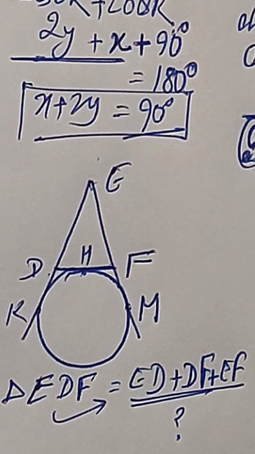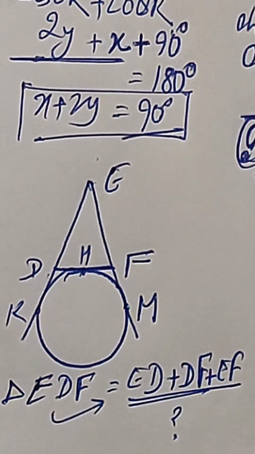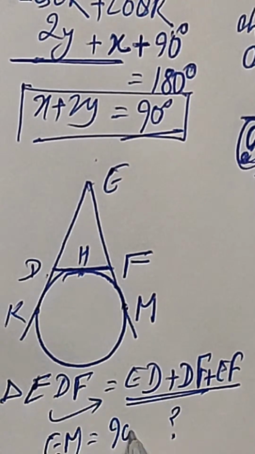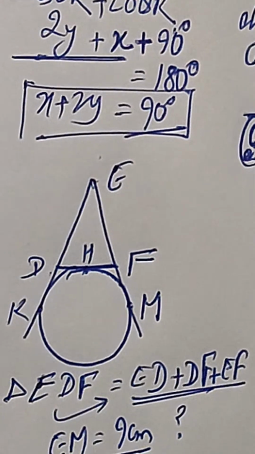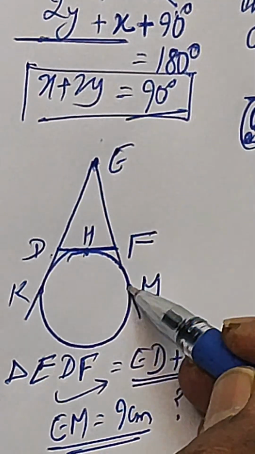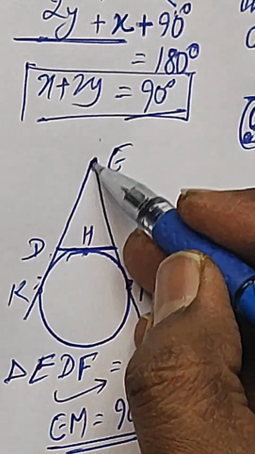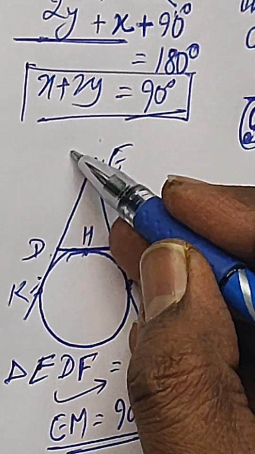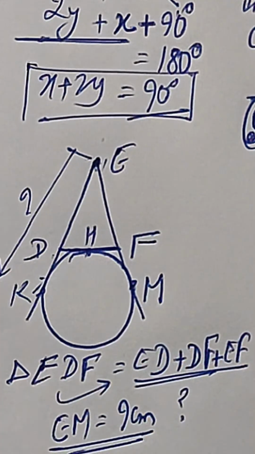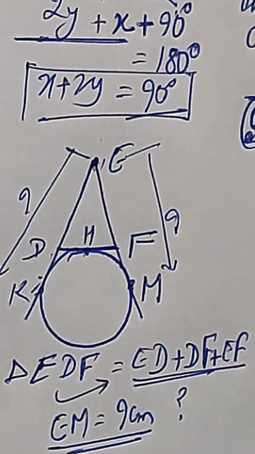Thank you. So, my dear friend, in this question it's given that EM is equal to 9 centimeters. This is the data given to you, right? So that means if EM is 9, then EK will also be equal to 9, from here to here is 9, and from here to here also is 9.